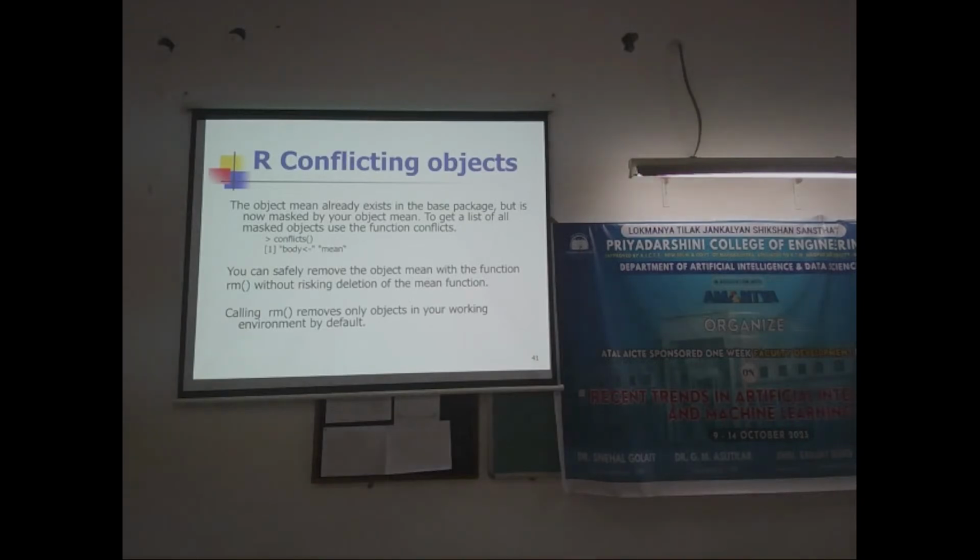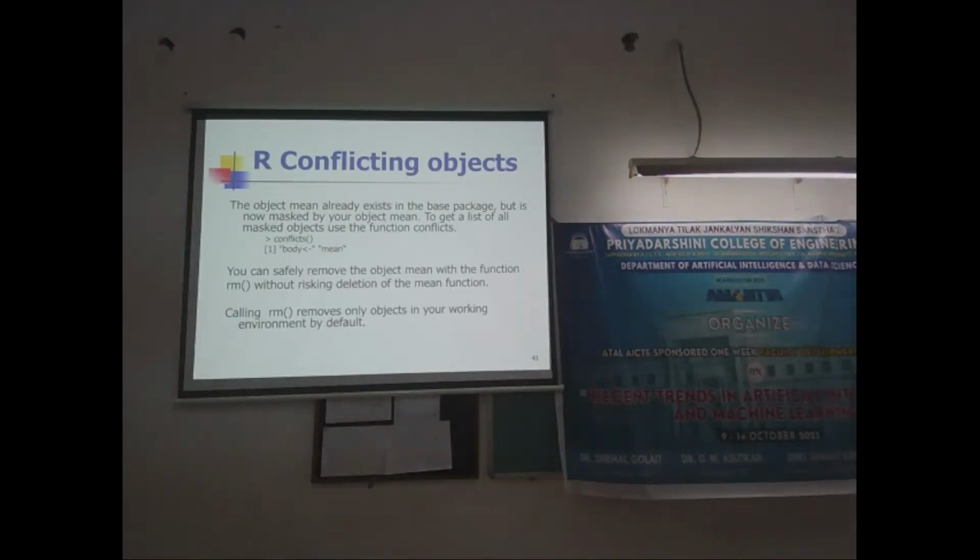The reason I am covering these topics in this session is that these are the most common challenges when you start teaching R in classes. A student will come up with a certain problem and you will not understand what exactly is happening. So this is the first thing you should check, whether there are any conflicts or not.